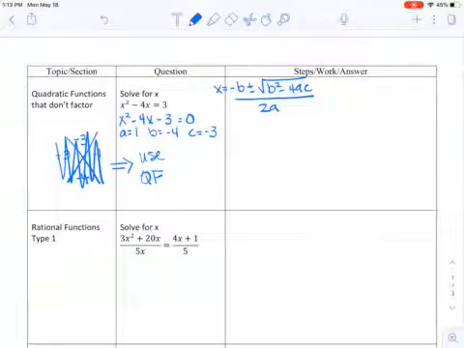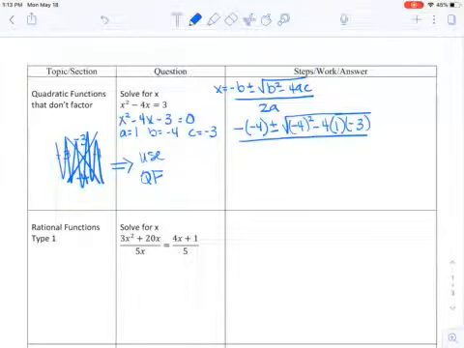So negative b is the opposite of negative 4, plus or minus the square root of negative 4 squared minus 4 times 1 times negative 3, all divided by 2 times 1. So I get 4 plus or minus something divided by 2.